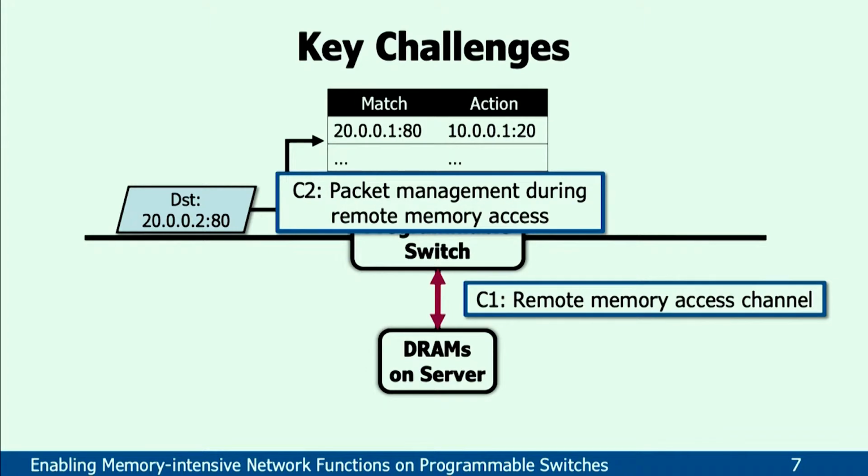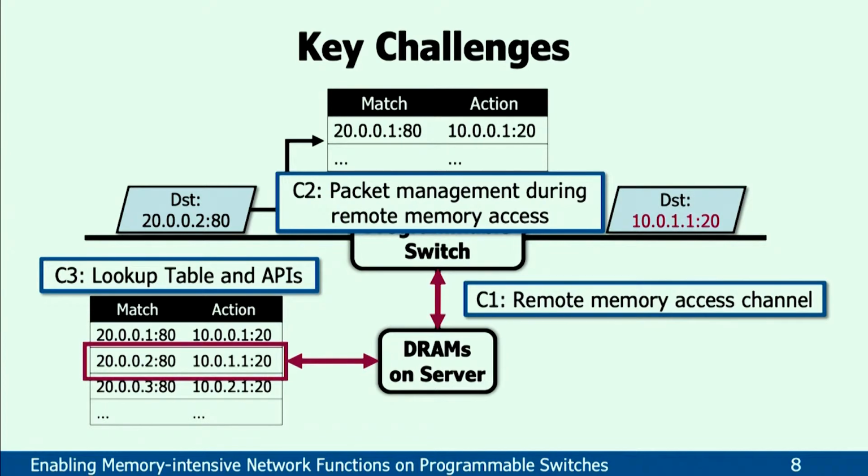Also, if we want to modify the packet based on the remote content, the data plane may need to keep the packet until it gets a remote table entry. Lastly, we need a remote lookup table and corresponding APIs so that the data plane can use the remote table just like a local data structure.